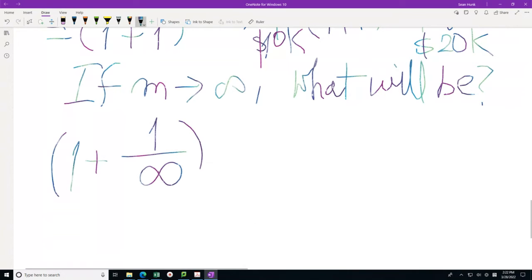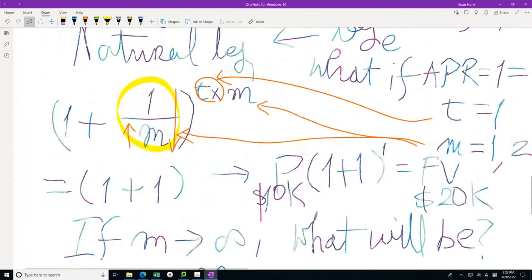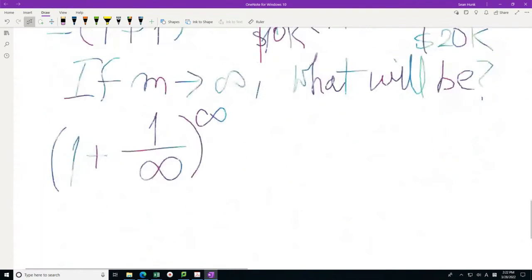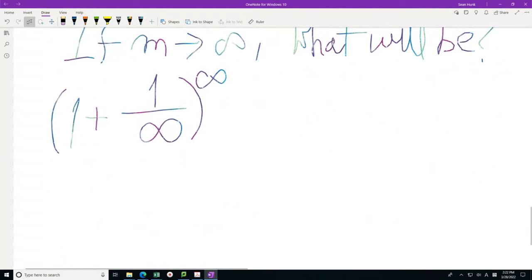But again, it will have to be raised to infinity as well, because we are raising it to t times m. T doesn't matter. We'll just assume t is 1, within 1 year. So within 1 year, if we increase the compounding frequency to infinity, what's going to happen to this number?